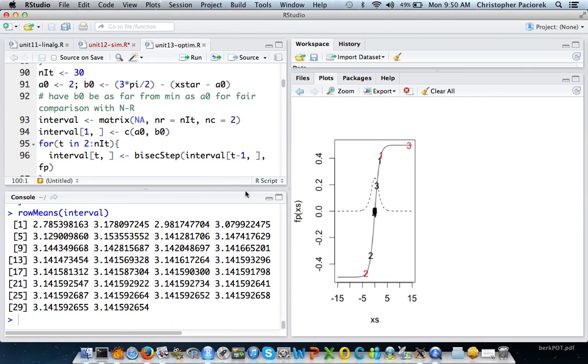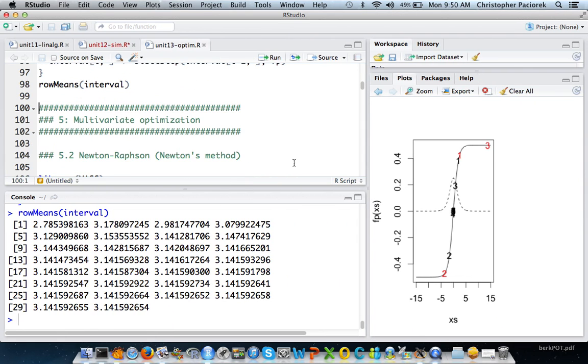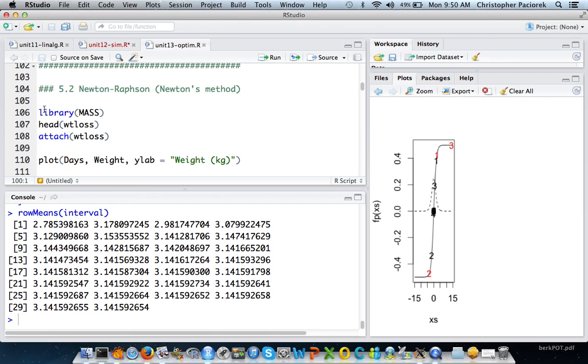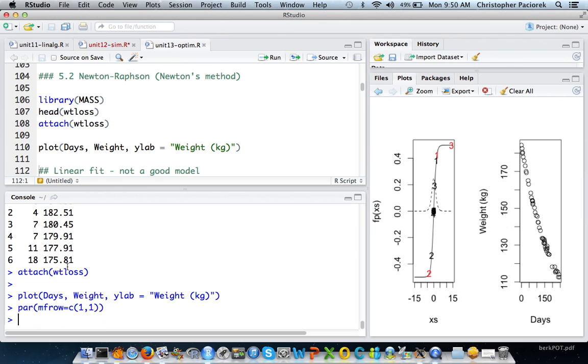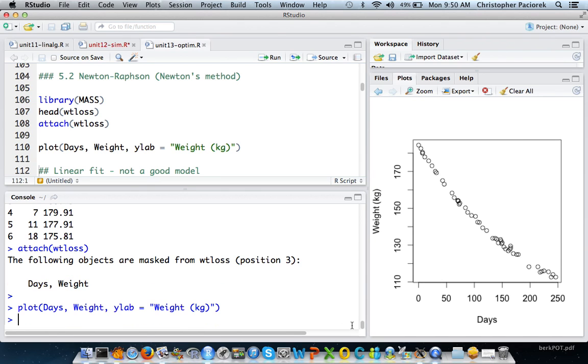So let's just look at an example here. I'm just going to use an example of some data on changes in somebody's weight over time, and we're going to see that if we just look at the data, I believe this was just for one person, but it's possible there were multiple people in this data set. Although then it probably wouldn't make sense that they would all be on the same scale here.